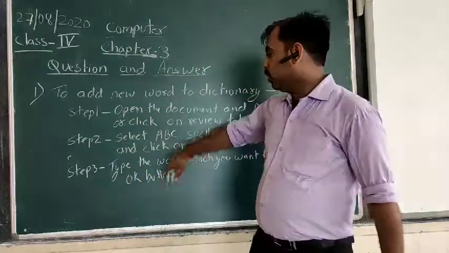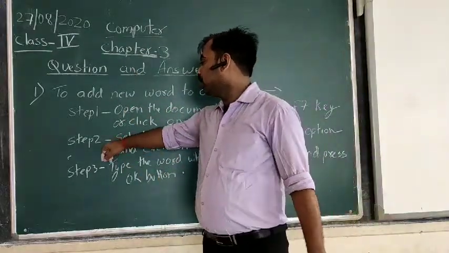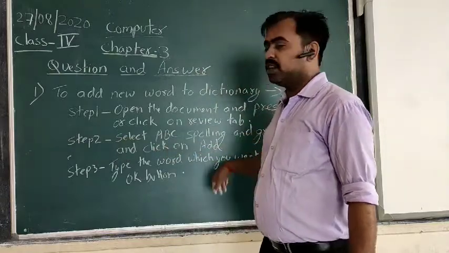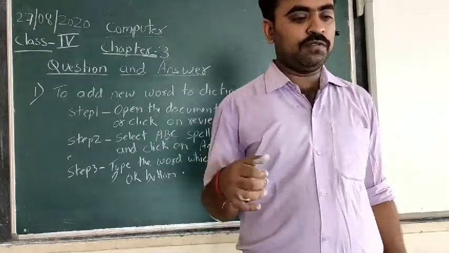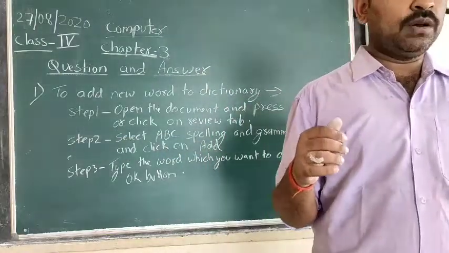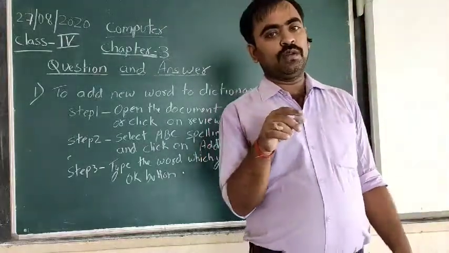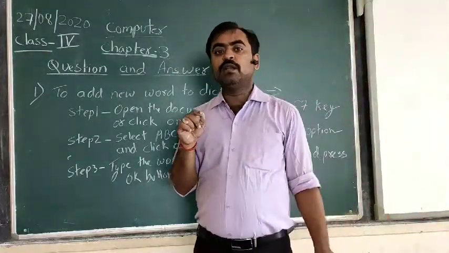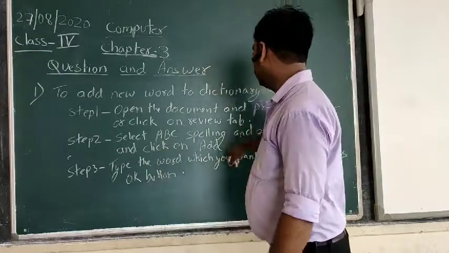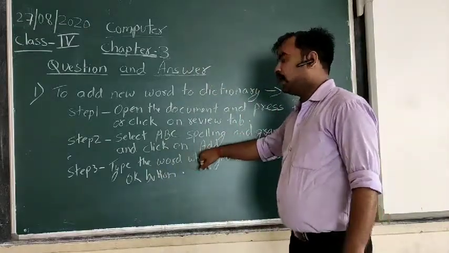On the ribbon you will get the option of ABC spelling and grammar in the proofing group.